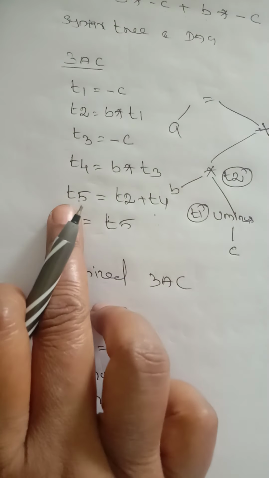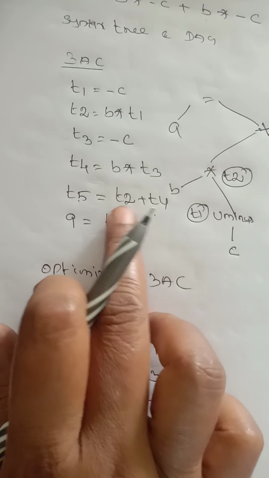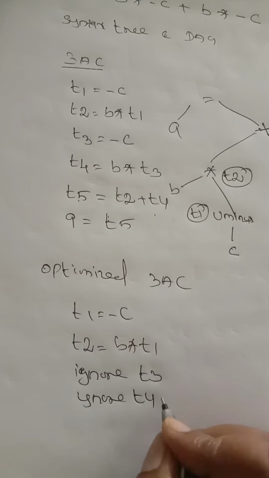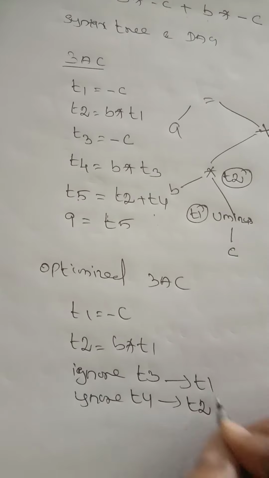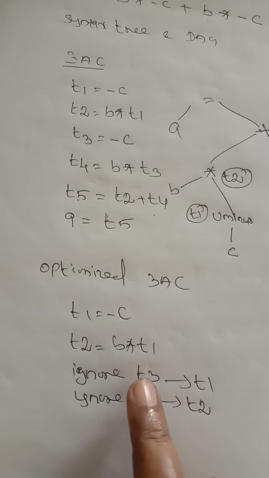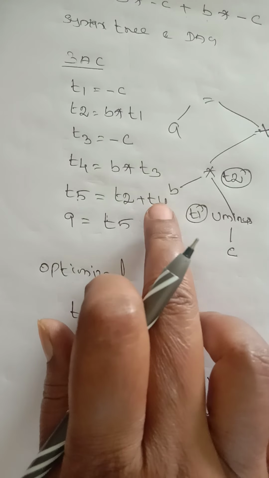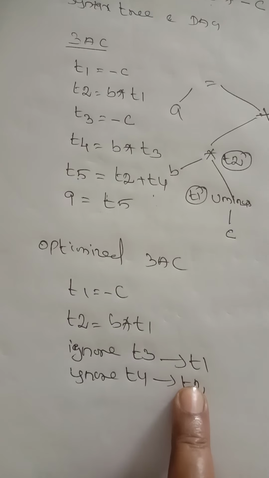Then come to T5. T5 equal to T2 plus T4. We ignore T4 because T4 points to T2, and T3 points to T1. We already ignored T3 and T4. So instead of T4 we have to use the variable T2.